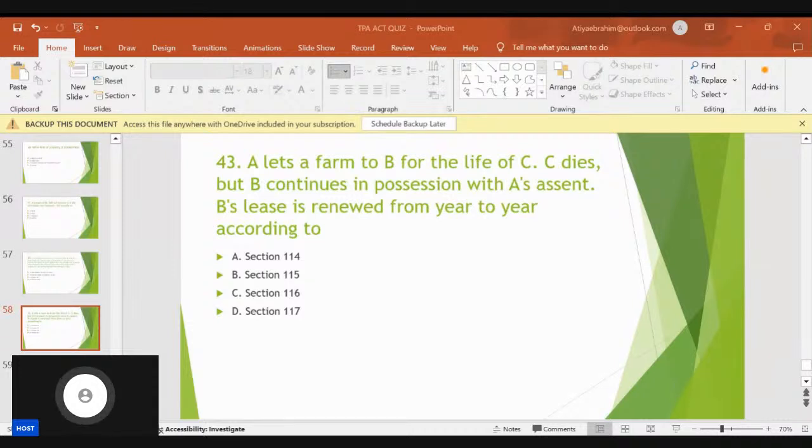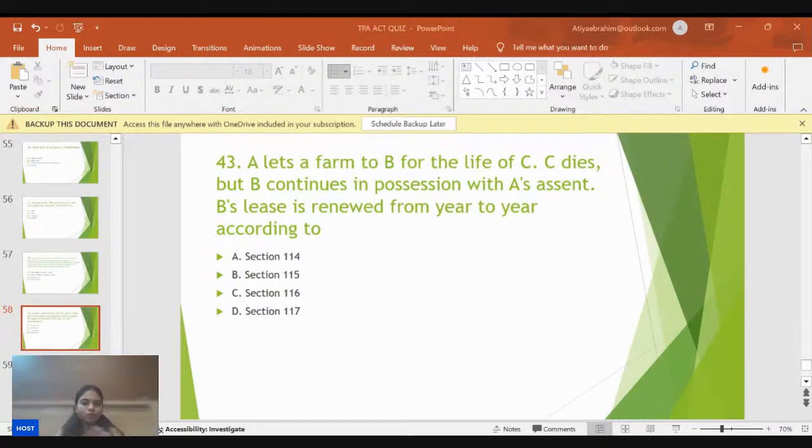The first question is, when can a gift be suspended or revoked, is given under which section of the TP Act? I'm not mentioning the options. This is like a fill in the blank. When may a gift be suspended or revoked is given under which section of the TP Act?